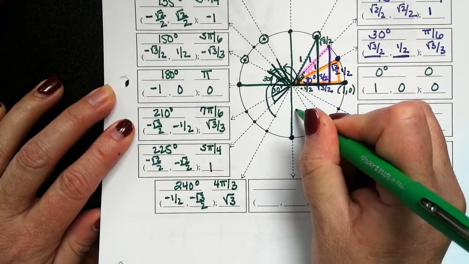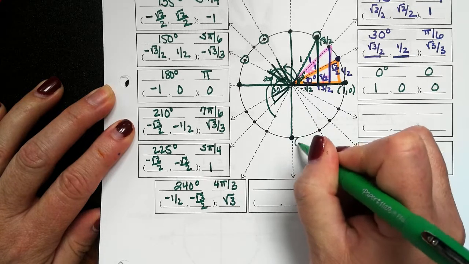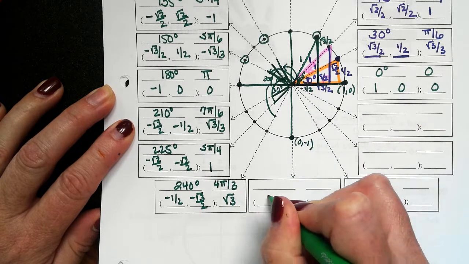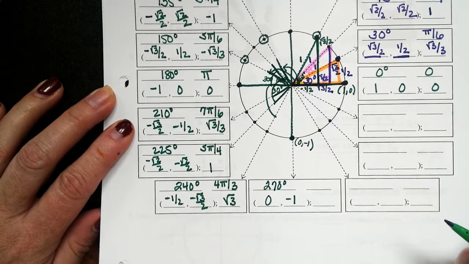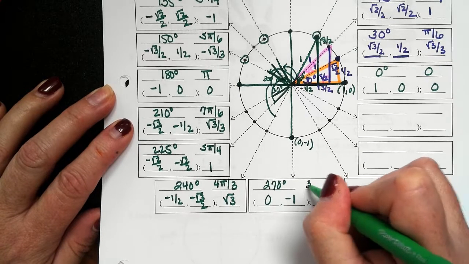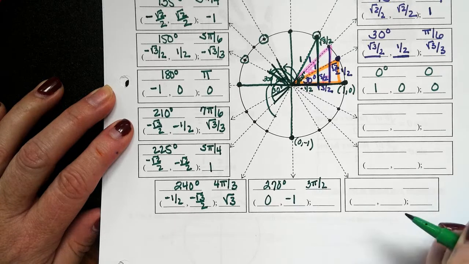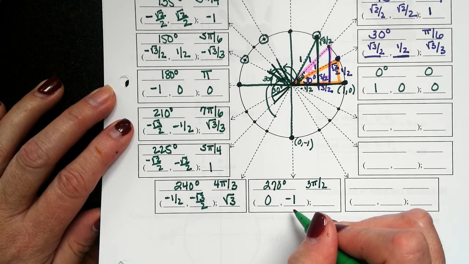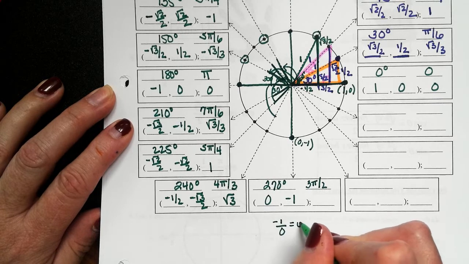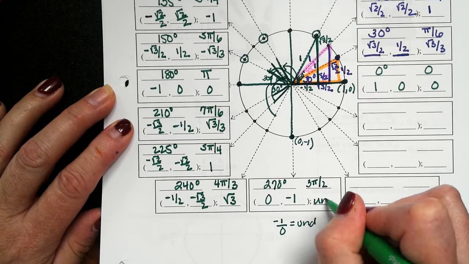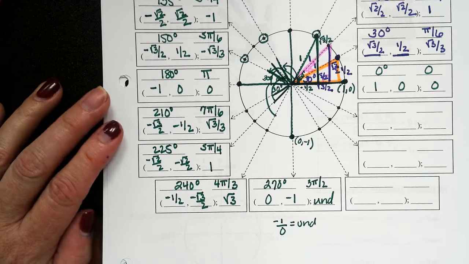Again, you still have a radius of the circle 1. So this is the point 0, negative 1. Remember, this is your 270-degree quadrantal angle. In radians, this is 3 pi over 2. Just like at 90 degrees, when I take negative 1 and divide it by 0, this is undefined. So tangent's undefined not only at 90 degrees, but at 270.